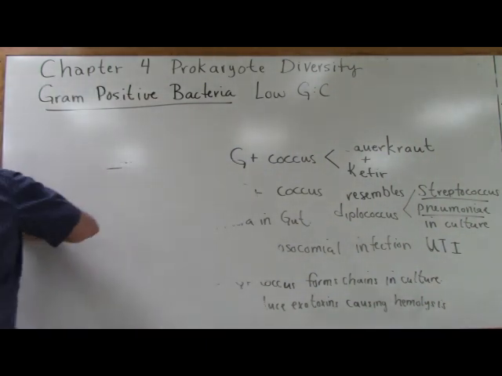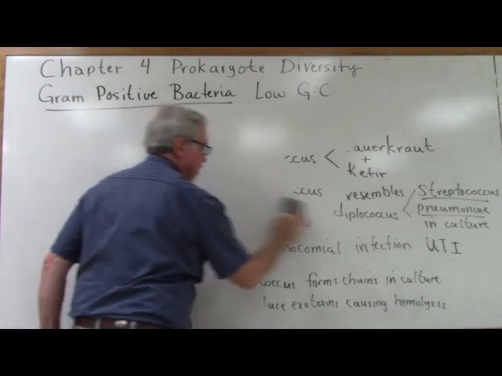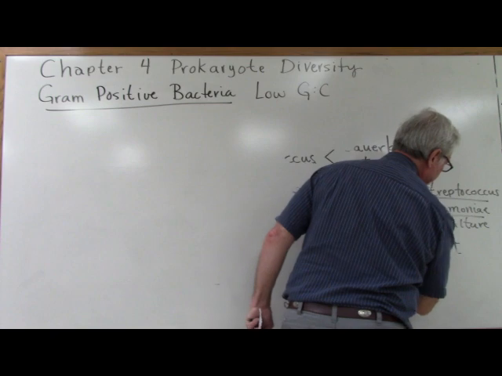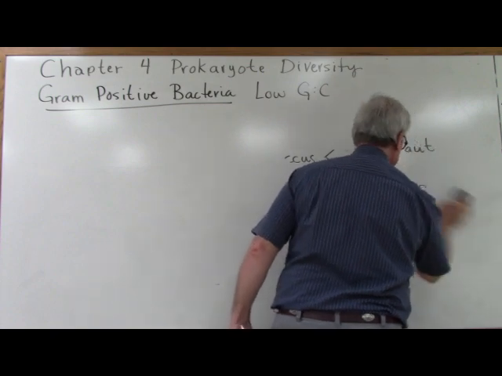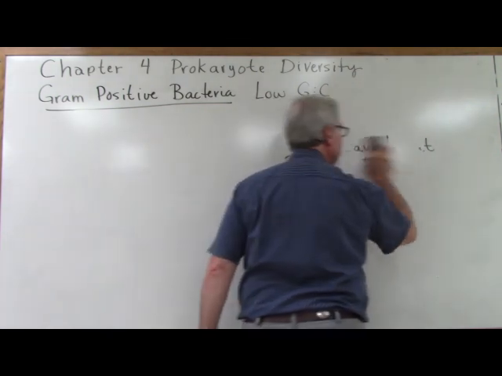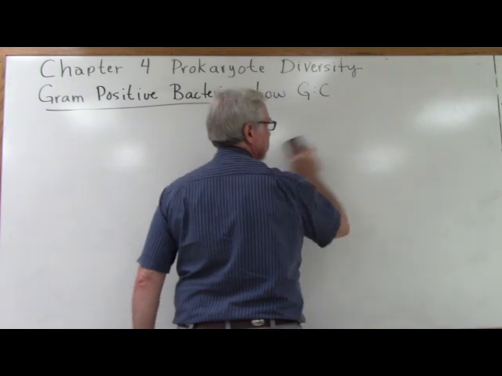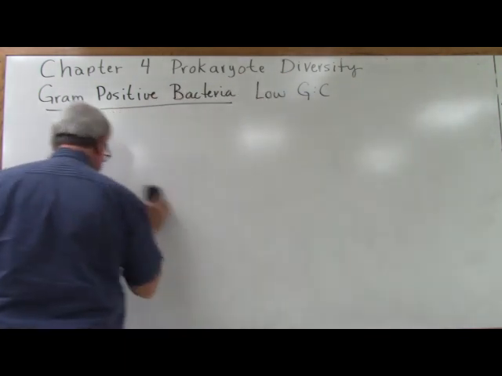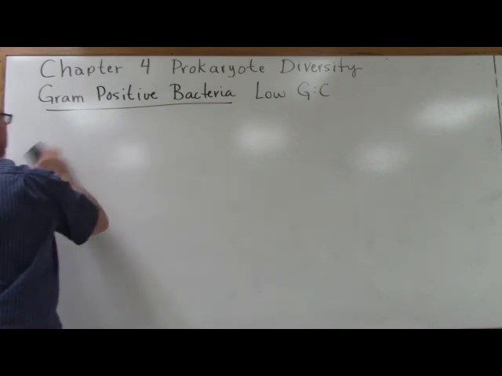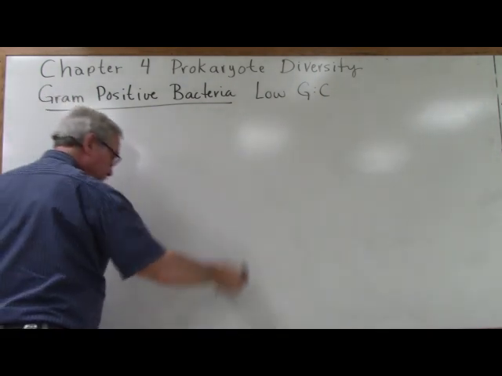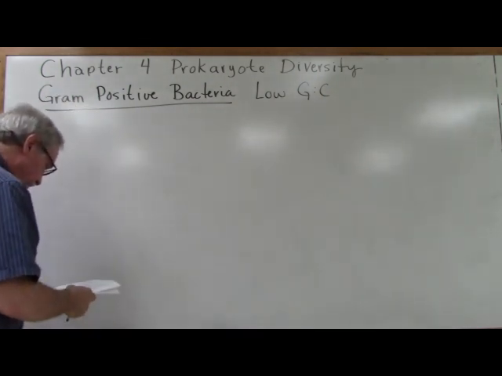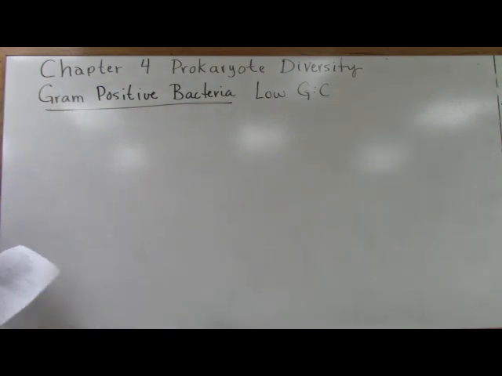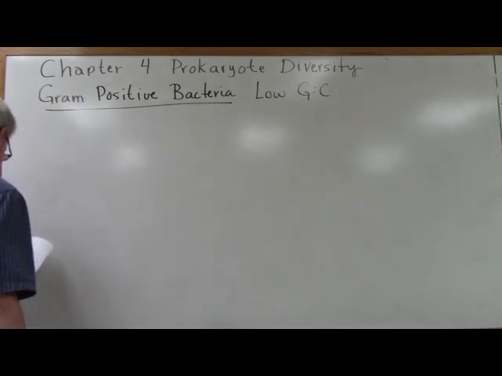Next, we have the class Bacilli, which you should recall are the other organisms other than the Clostridium that form endospores. So when you study, it's sometimes useful to group things together, like all of the gamma proteobacteria. Remember them all together as a group.